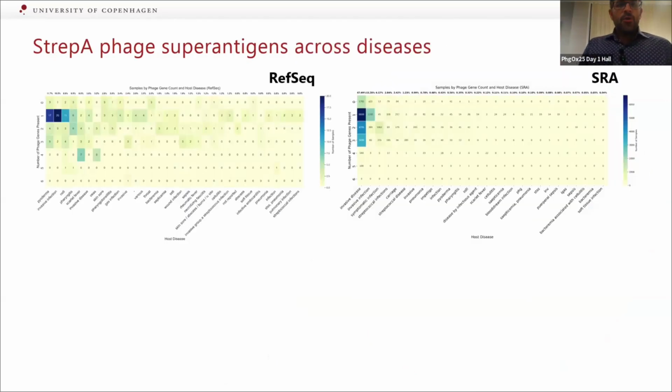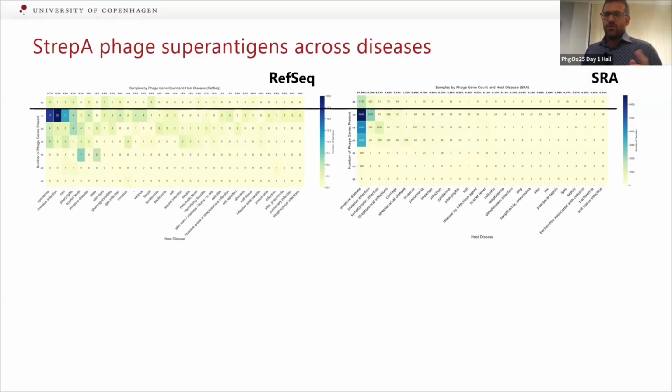So going one step further, we would like to analyze if we can connect the metadata and clinical manifestations to the presence of these prophage-originated superantigens. What we can see here, and it's quite interesting, is that the absence of the superantigens, noted by the 0 on the y-axis, leads to fewer clinical manifestations as they were submitted in the metadata.